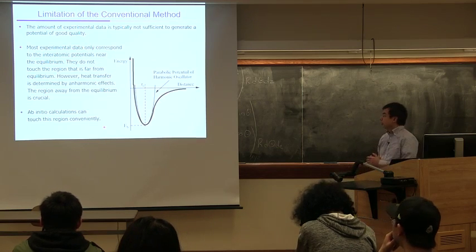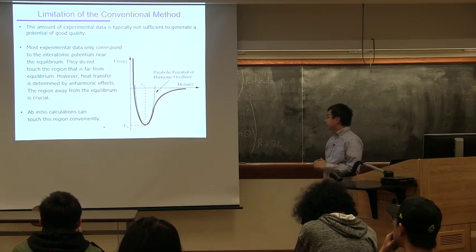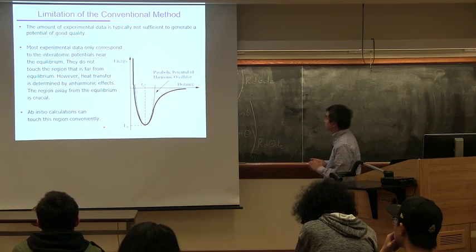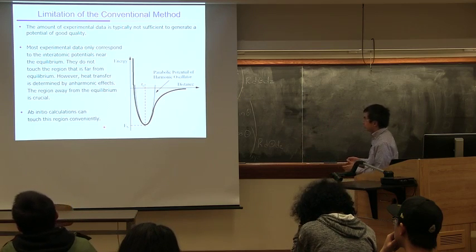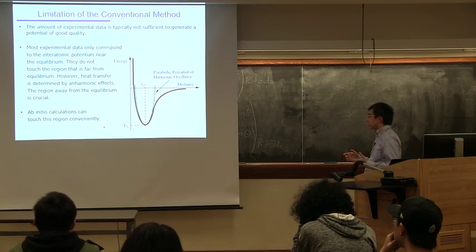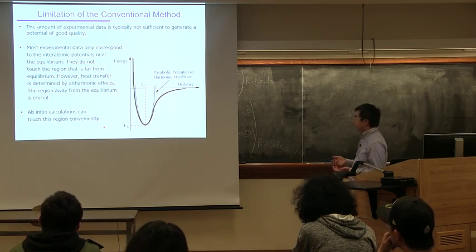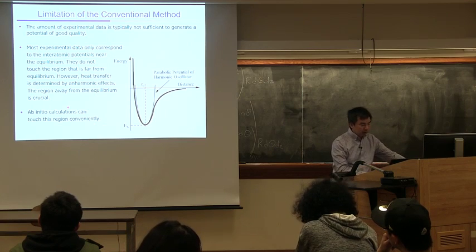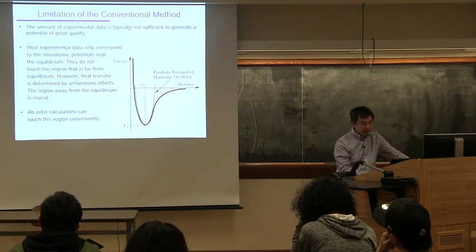All right. So why do we want to involve density functional theory in the potential development? What's the limitation of the conventional method, right? Everybody likes experimental data for validation, right? Many people don't trust your data unless it is validated experimentally. But the limitation is that the amount of experimental data is typically not sufficient to generate a potential of good quality, right?